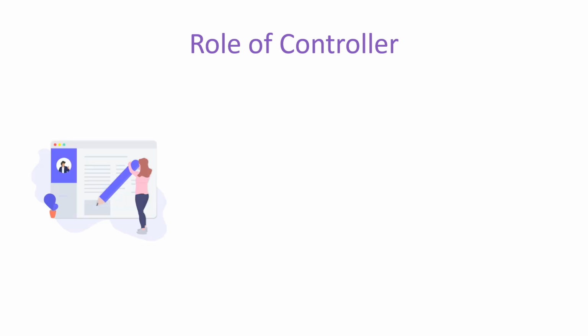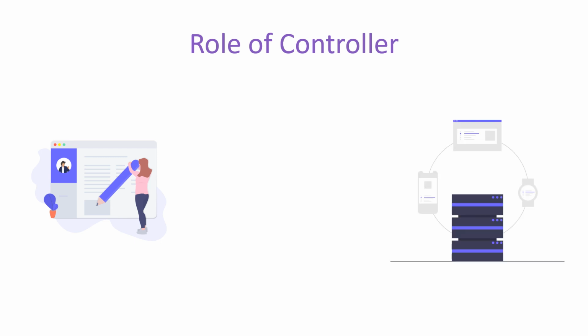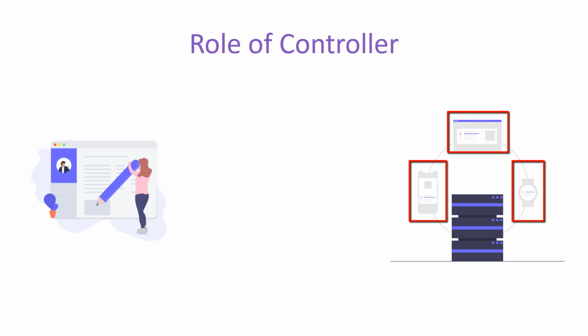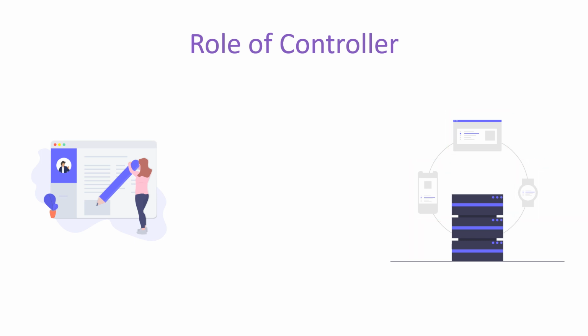Here on the left side I have a client. You can call it a browser or any other client that you are using, and here on the right side I have a server, and on this server an MVC application is working. These three boxes you can refer to model, view and controller. This one you can refer to view, this one controller, and this one as a model. When you send a request from client to the server, then first it goes to the HTTP pipeline.